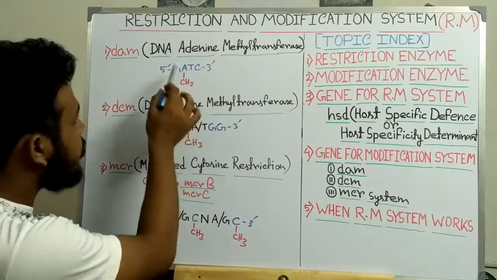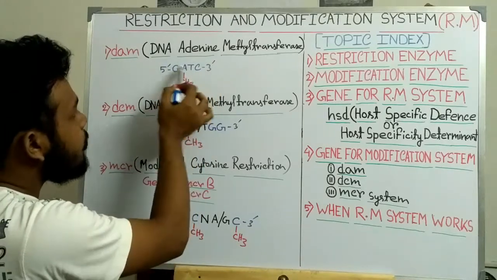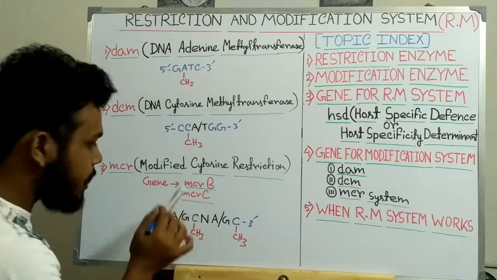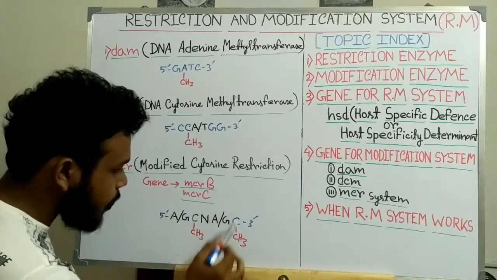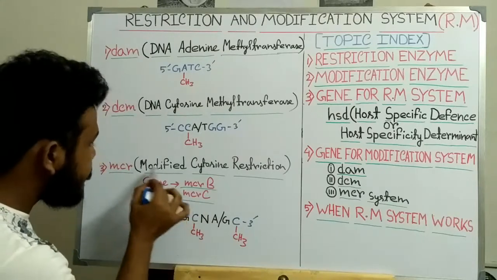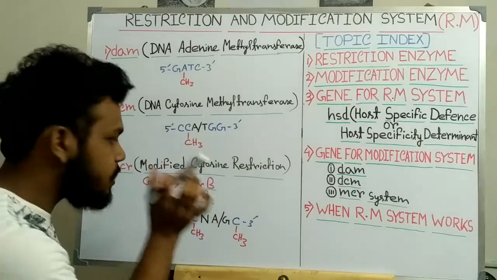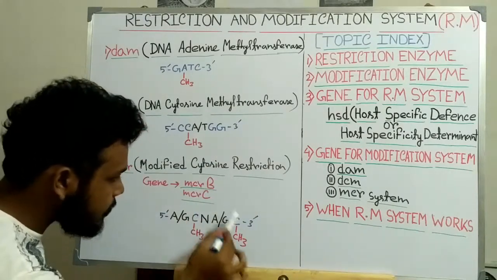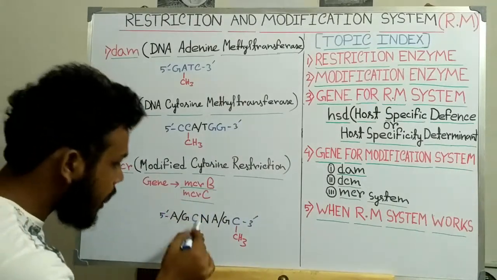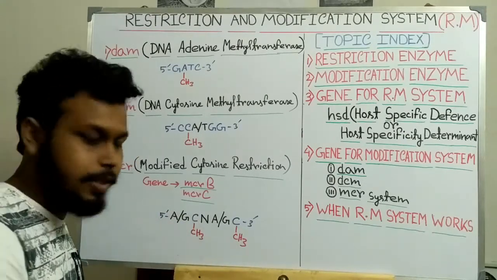Remember that they do not methylate, they modify this sequence, but here this is already modified DNA sequence, and then this MCR system gene product recognizes this modified DNA and cuts this DNA sequence at the cytosine residue.